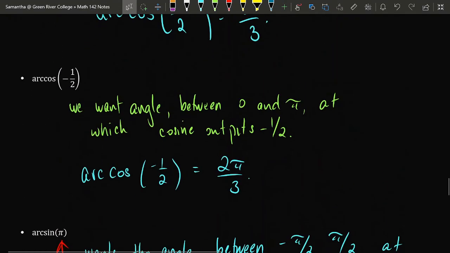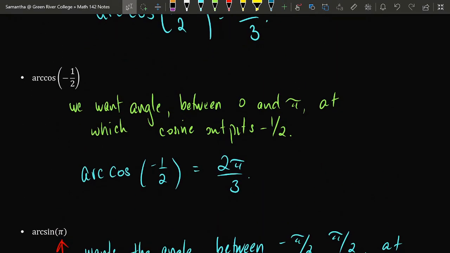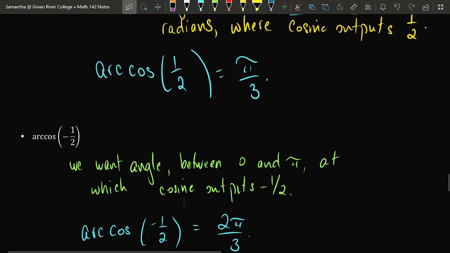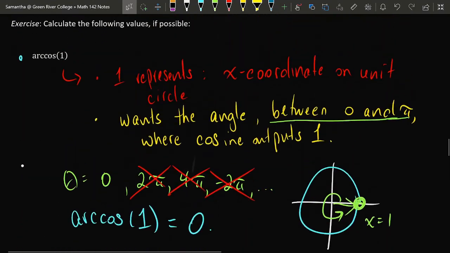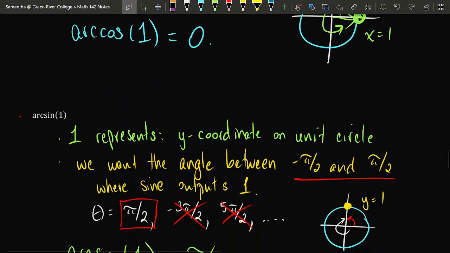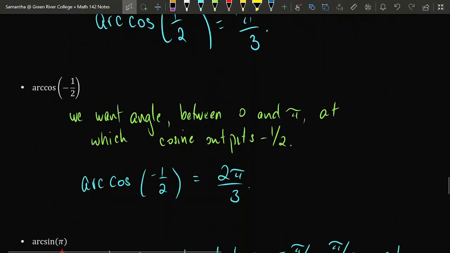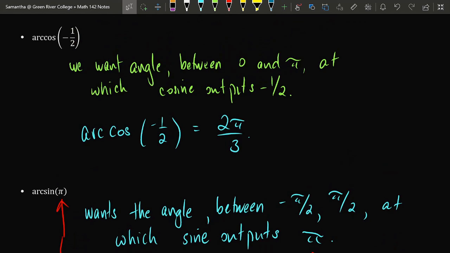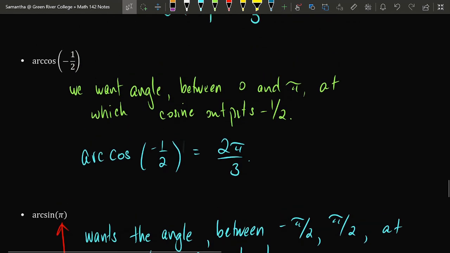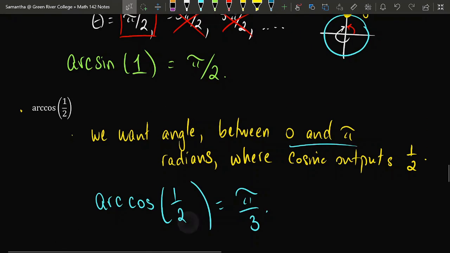These functions give us one angle at which cosine or sine output a specified given value, and therefore they can be used to find one solution to a problem like sine of something equals number. By using arc cosine and arc sine together with the unit circle, we can find all the solutions to trig equations, which is what we'll do a few videos from now.